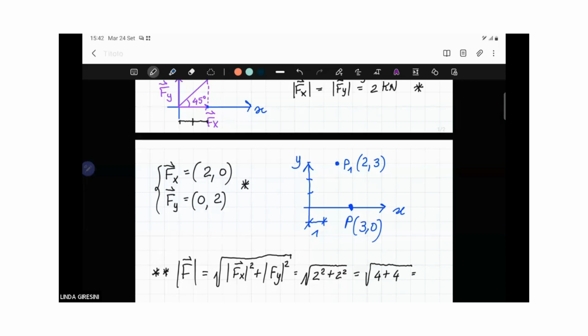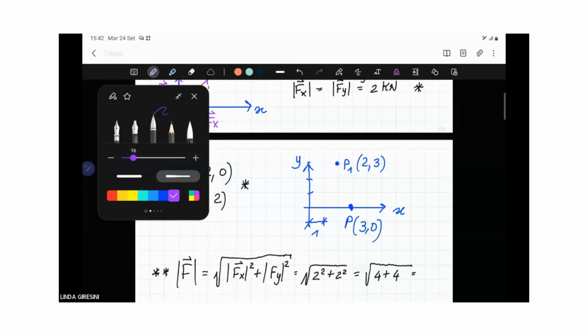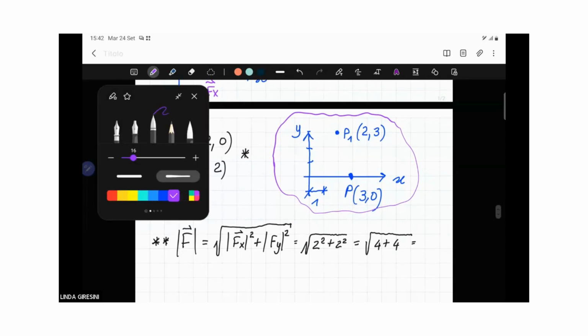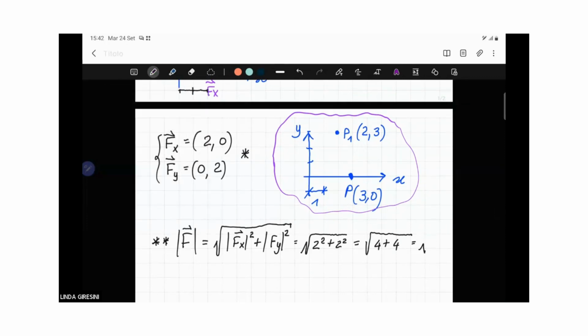Yes, this was just an example, not regarding the answer. This was just to explain why 2, 0 and 0, 2, okay? So now under the square root, we have 8, which is, you can take out of the square root what? 4, exactly. 2 square root of 2, okay? So it's nice because you can solve these problems.